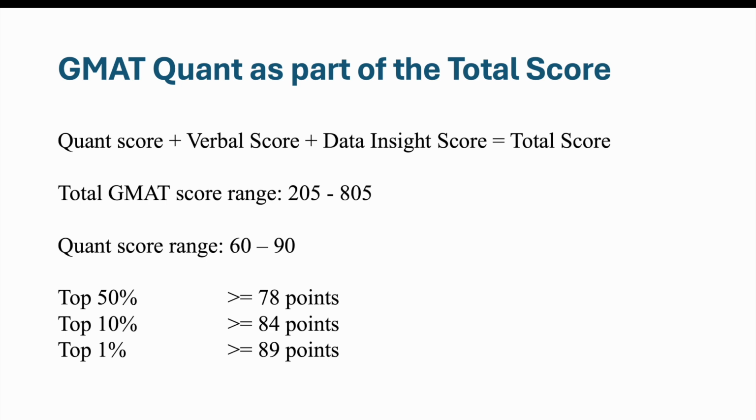And this contributes to your overall score, which can be between 205 and 805 in the total exam. 205 is the worst and 805 is the best, as you can obviously see. What should you aim for? If you want to be average, you should try to get approximately 78 points or more.